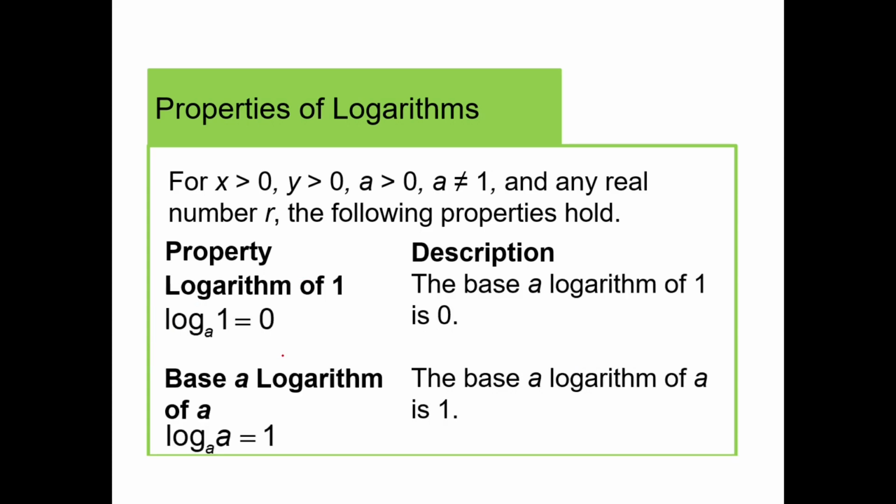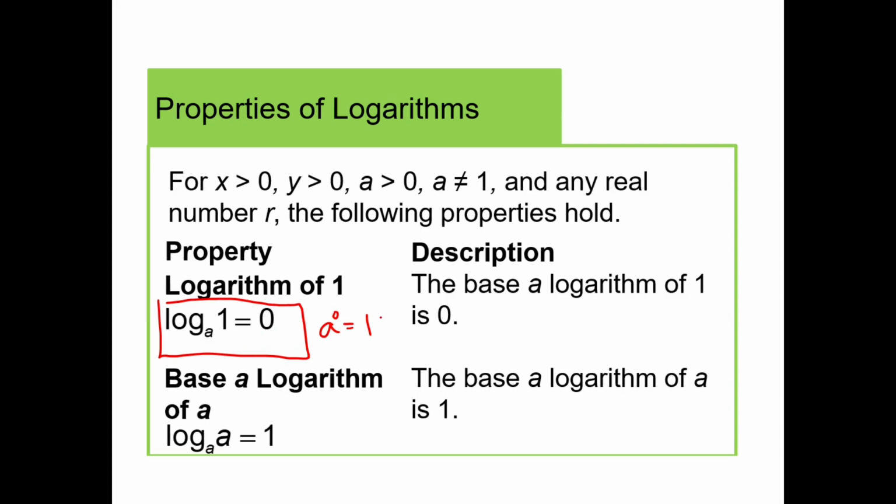We have the logarithm of 1, which states that log base a of 1 equals 0 for any base a. All this is saying is a raised to the 0 is equal to 1. Remember, the answer to the log is always the exponent.